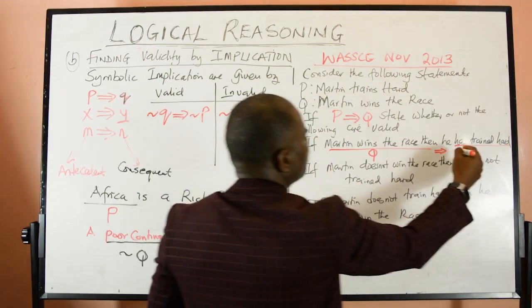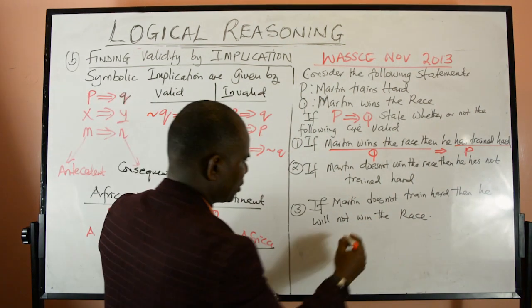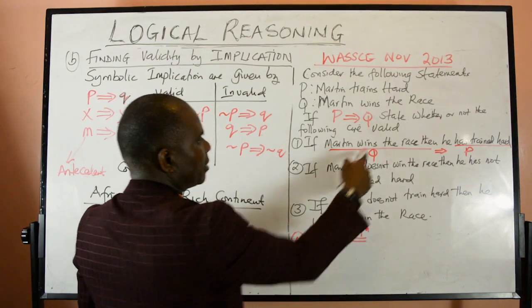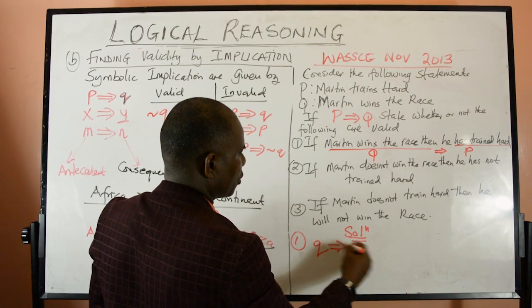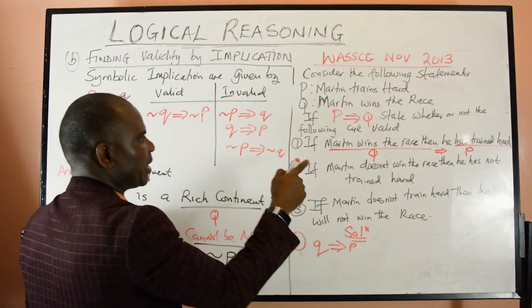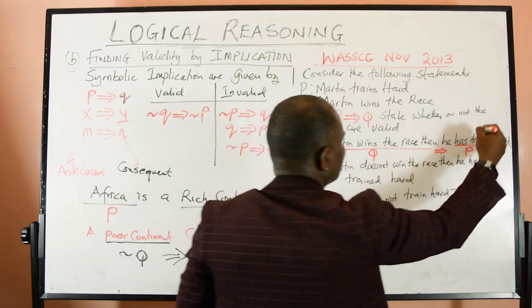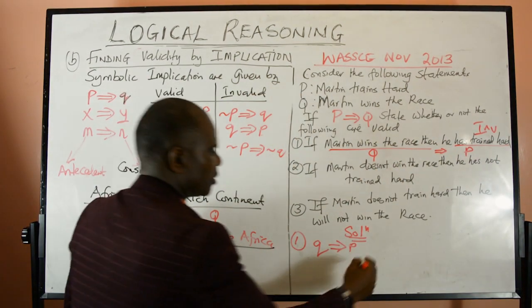Martin trained hard is P. So number one is Q implies P, which tells you it is invalid. So this is an invalid assertion. Number one is invalid.